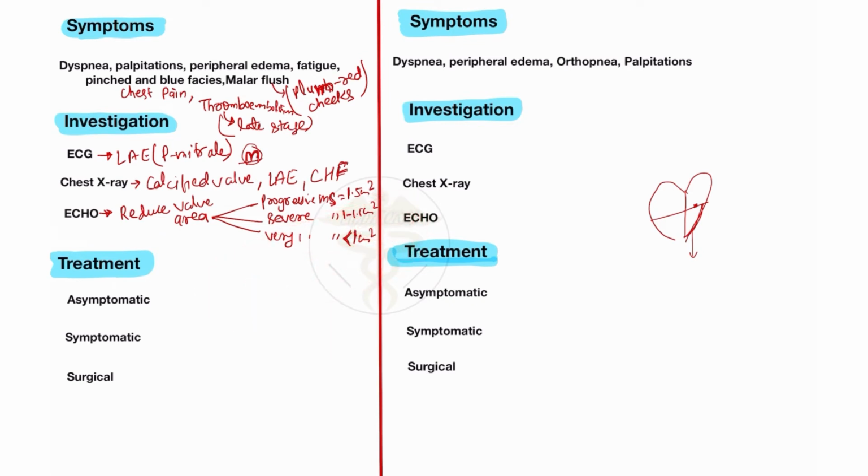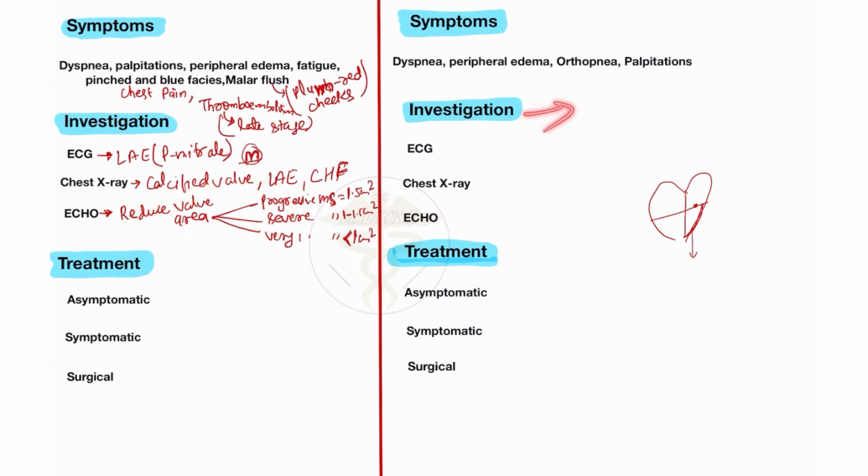In the very severe type of patient, you will see the area reduced to 1 square centimeter or less. So this is what you will see in the echo of the patient: reduced valve area. Also, left atrial enlargement occurs, which you will see in the echo.